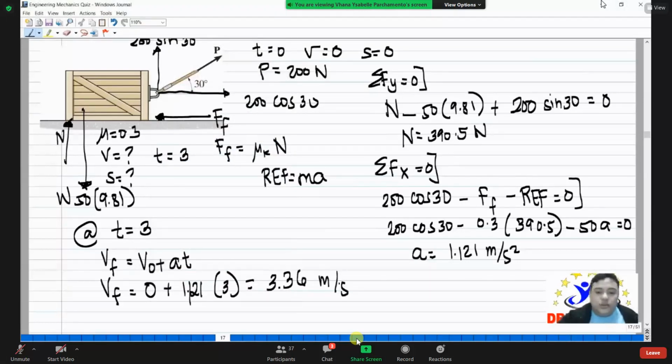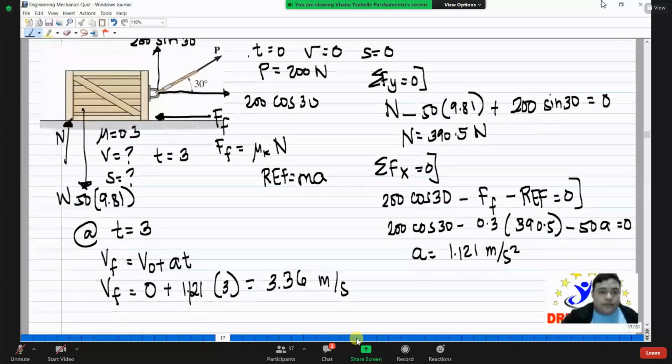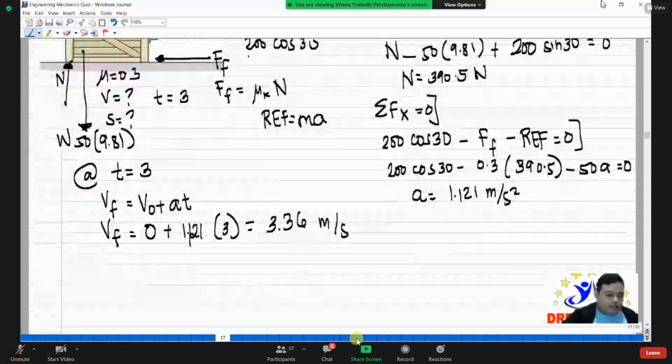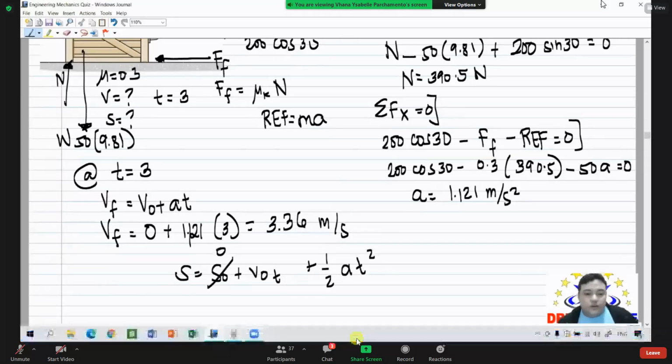So, here, letter A or letter B, let's try our S. Since it is starting from the origin, S now is equal to SO plus VOT plus 1/2 AT squared. Initial position is 0.